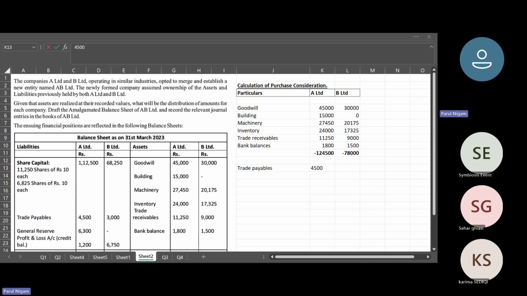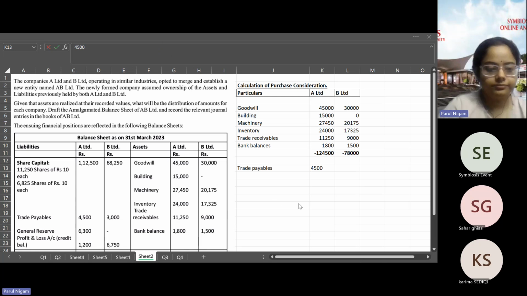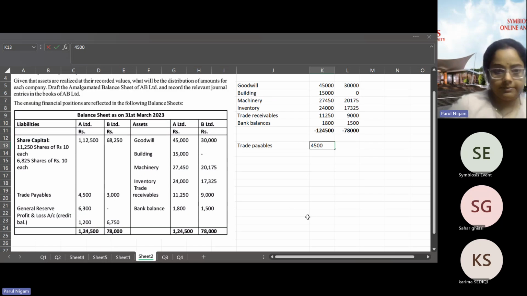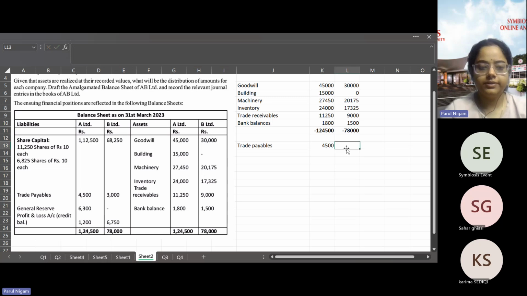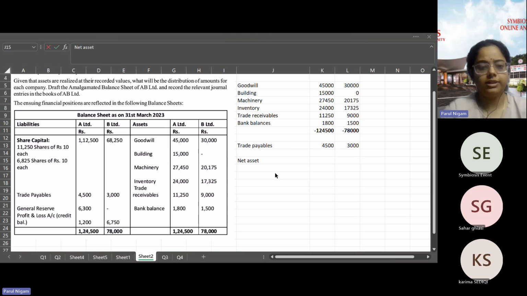Yes. So we were discussing the liabilities. We have trade payables of 4,500, then for A Limited and B Limited we have 3,000. So your net assets, how much is that?